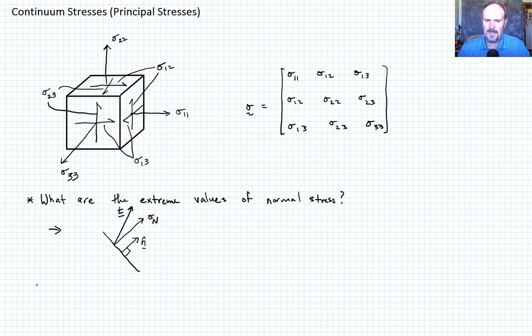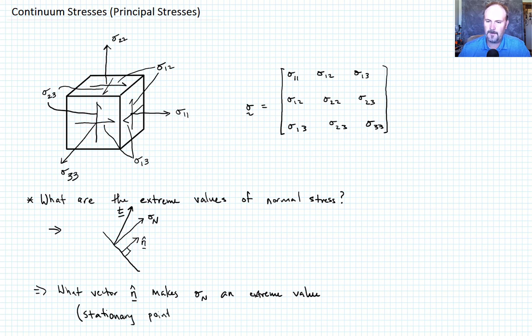So the question we want to ask is, what vector n, some 3-dimensional vector in space, makes sigma n an extreme value? And I'm going to be a little bit more formal and say a stationary point so that we admit saddle points too. Okay, that's the question that we're trying to answer.